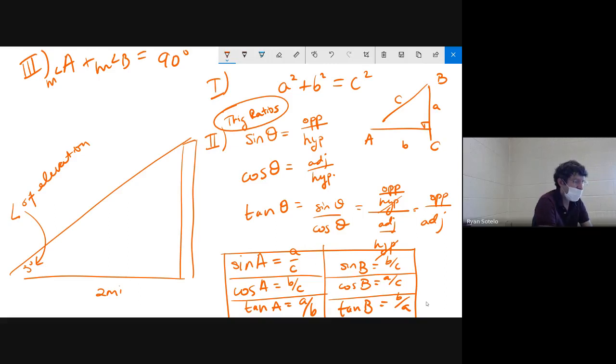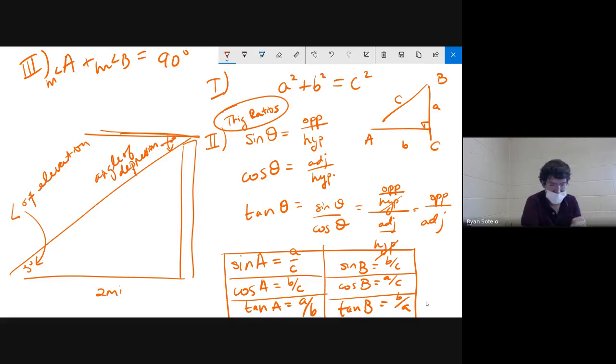If you were up high looking down, so if you're looking straight out, but you look down, this part here is called the angle of depression. So those are the terms for that.